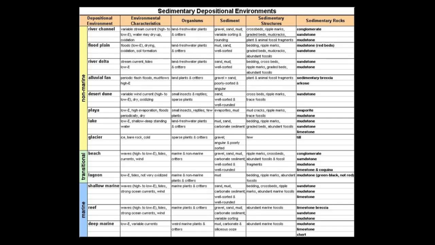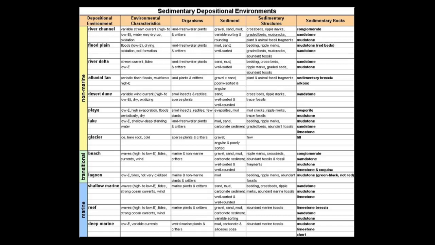So this figure here is not from your book, but I like it a lot because it explains in detail some of those environments of deposition. It shows the characteristics of those environments, the organisms that are present there, the sediment type that they usually contain, the sedimentary structures that may be seen there, and we'll cover these structures in a little bit.